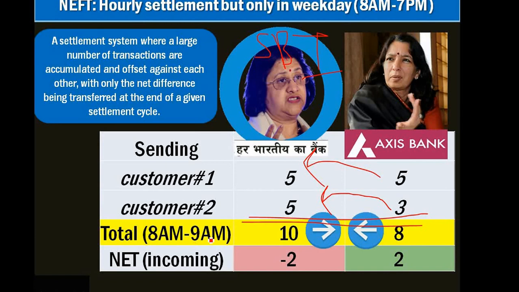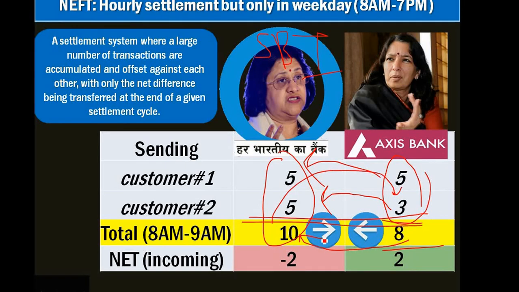This settlement is not done instantly. Suppose these customers came between 8 a.m. and 9 a.m. Then at 9 p.m. the total of these will be calculated at the SBI side, and the total of customers at Axis Bank is accumulated.